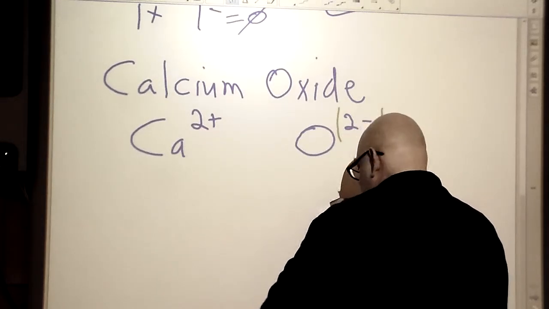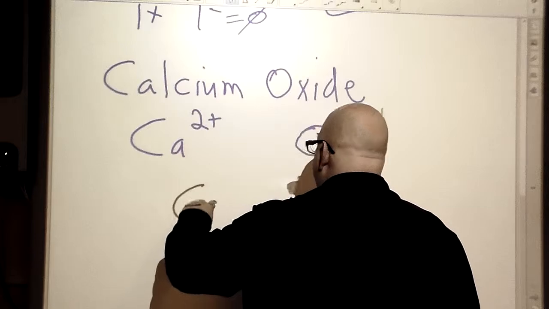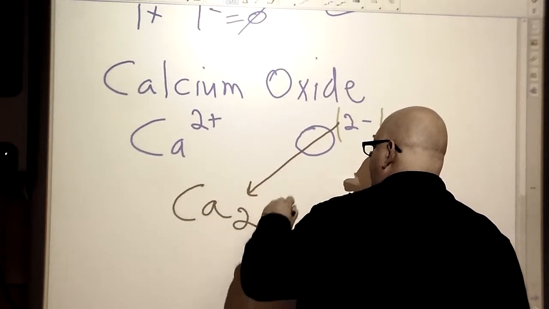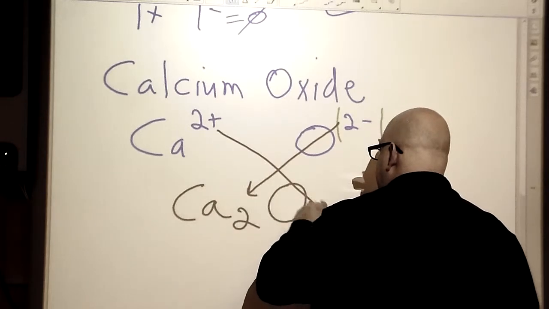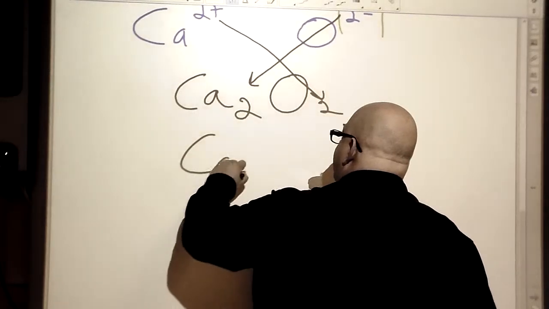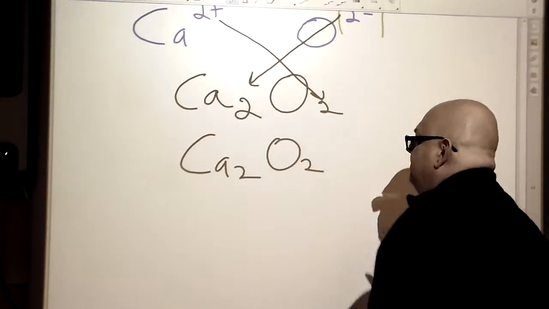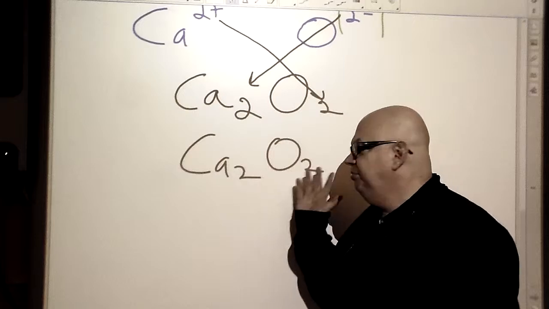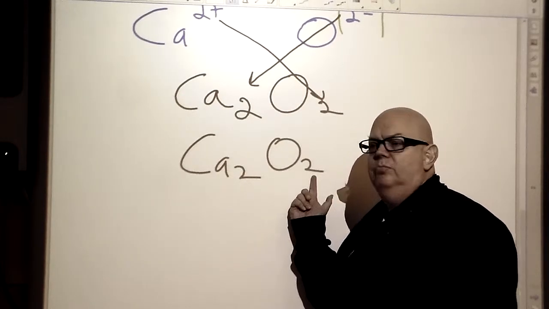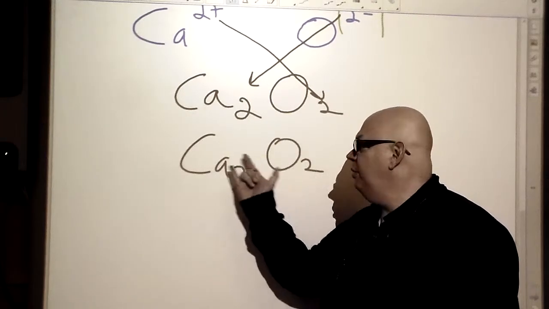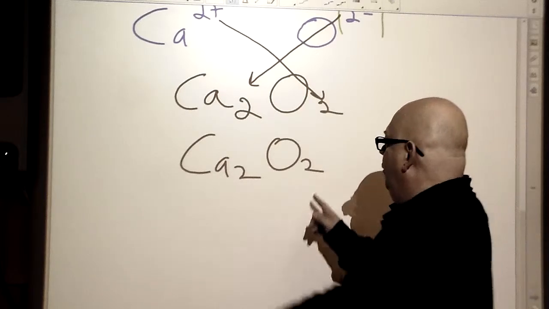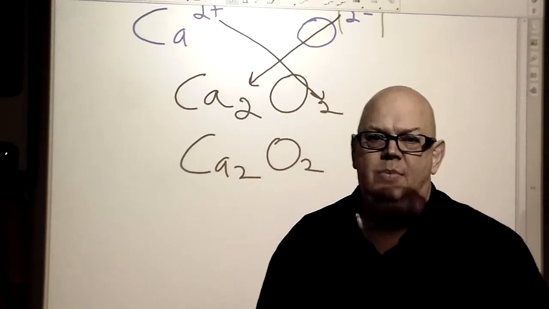Again, absolute value bars. We're going to have Ca, we're going to bring the 2 down to here, and we're going to have the O, and we're going to bring down the 2 to here. So we walk away with Ca2O2. Now, at this point, you notice that they're the same numbers on both sides, and like math, we get to reduce this down.